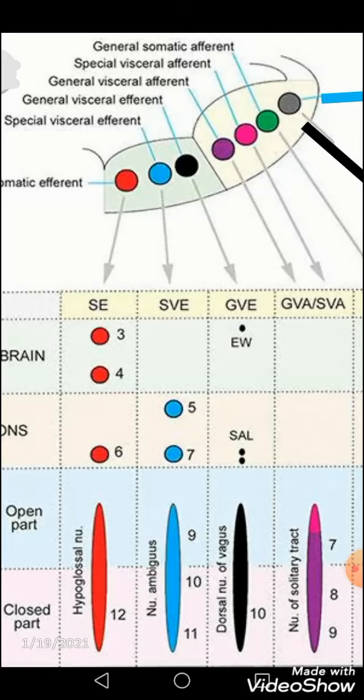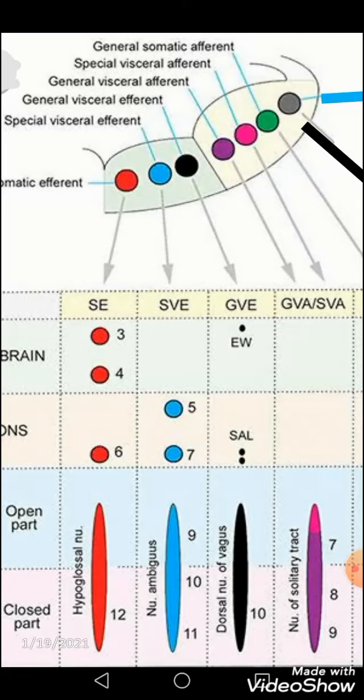The nerves included here are all pure motor nerves like 3rd, 4th, 6th and a part of the 11th, and also the 12th. So 3, 4, 6, 11th and 12th. How do we say it? They innervate the skeletal muscle that arises from the somites.